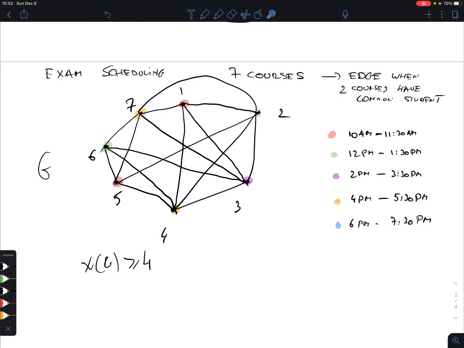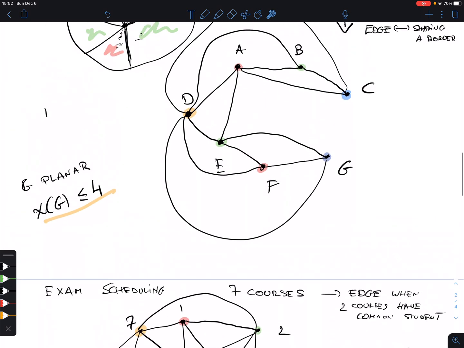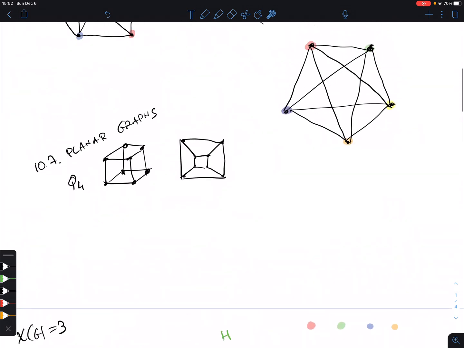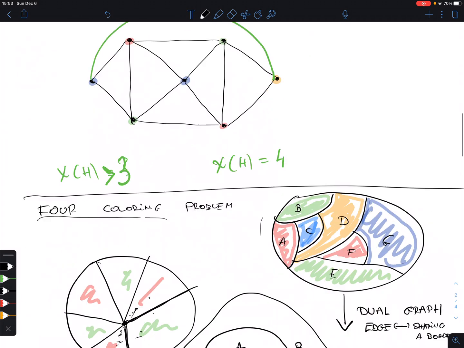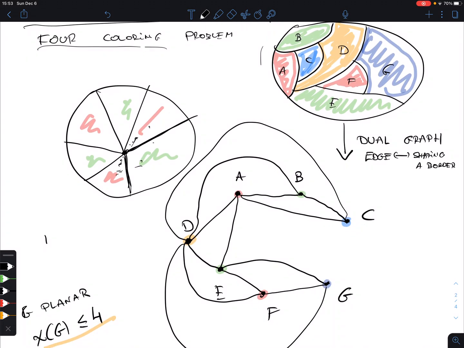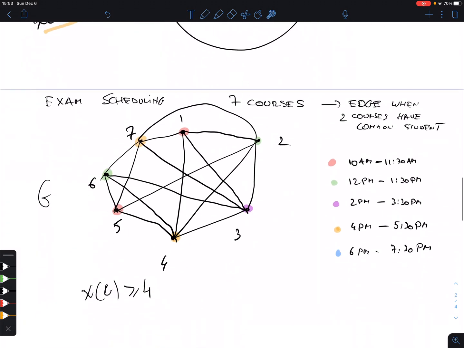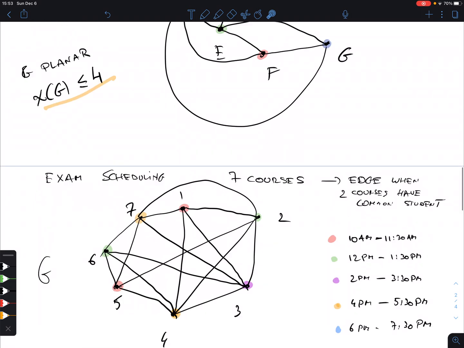And therefore, we know already that the chromatic number of any complete graph is exactly the number of vertices. Okay, and remember, if we have a subgraph, well, that's at least as bad. So since we have a K4 in here, we know it has to be at least 4, right?